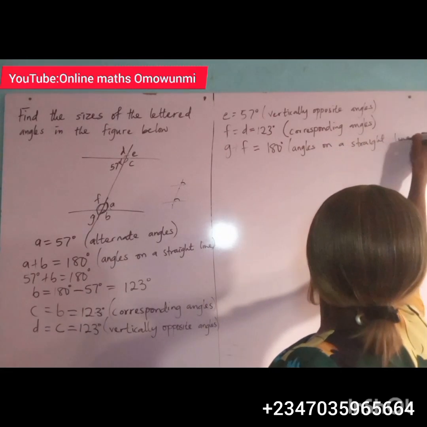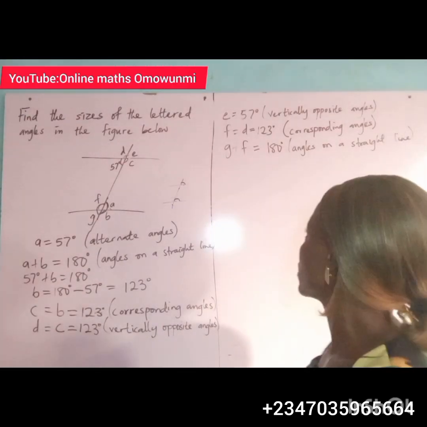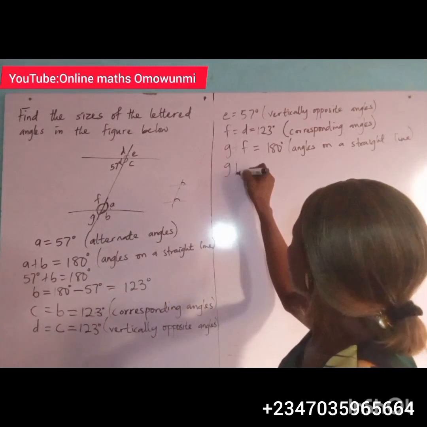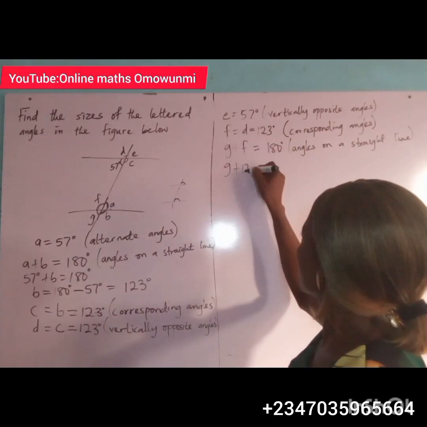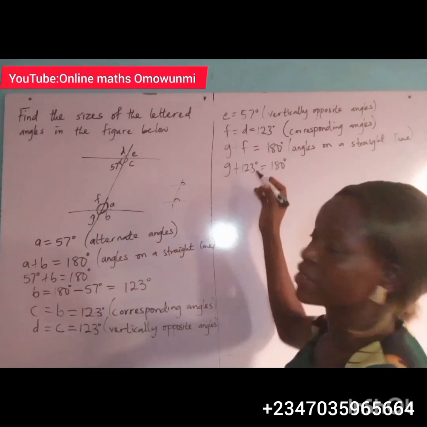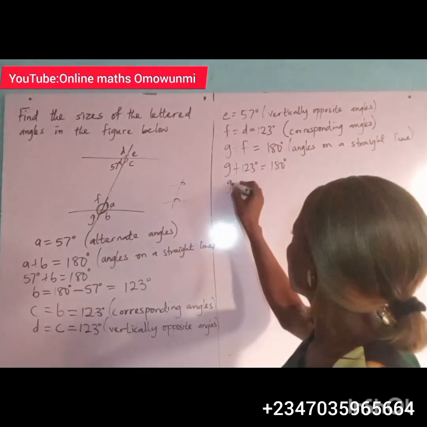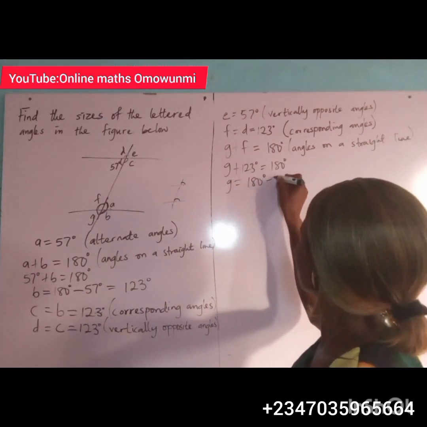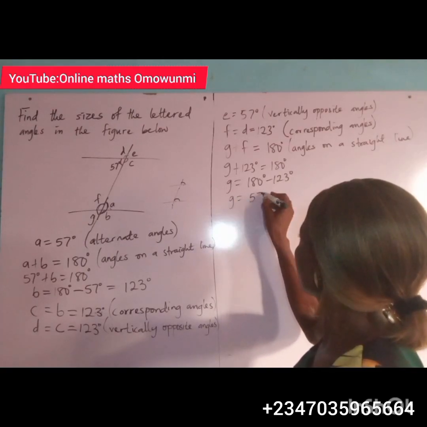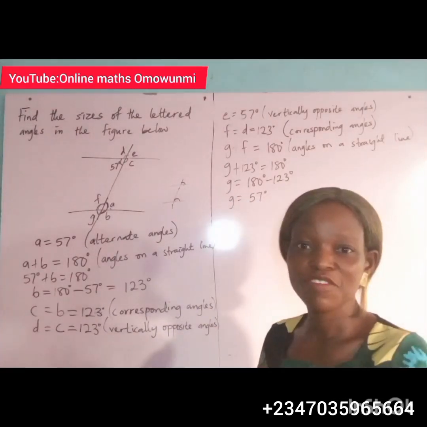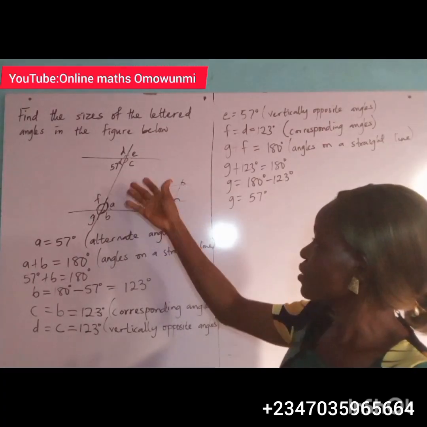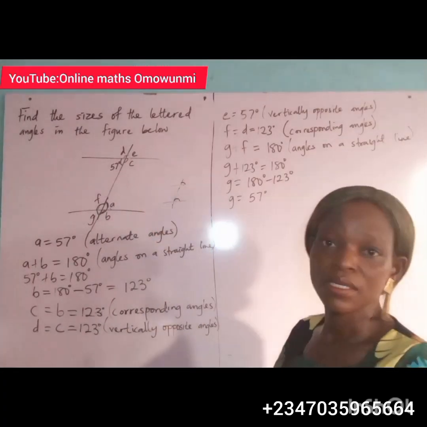You already know your F, so you substitute the answer for F, which is 123. You collect like terms: G is equal to 180 degrees minus 123 degrees. G is equal to 57 degrees. We've been able to find the sizes of all the lettered angles in this figure.